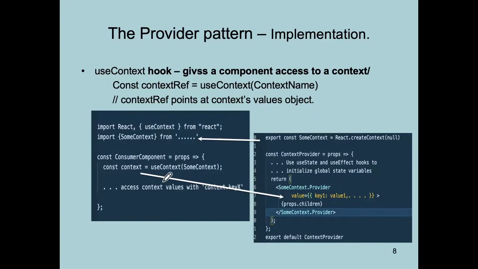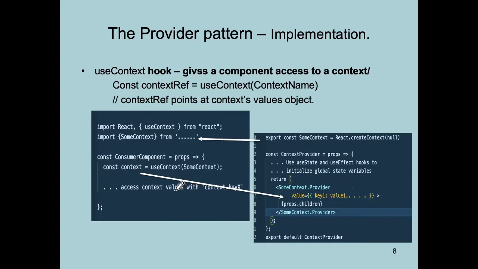If this variable, and you can call it anything you want, is essentially a reference to the object that you've created here, that means my consumer can now see and index into the orange box in my visualization from a few slides back.